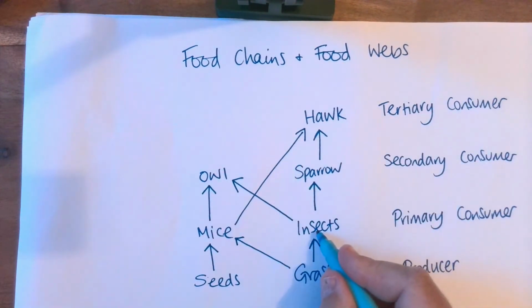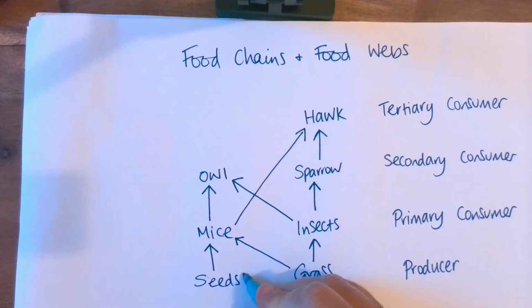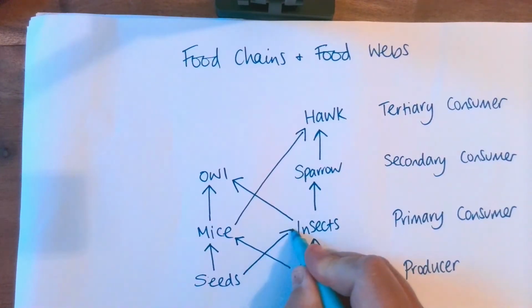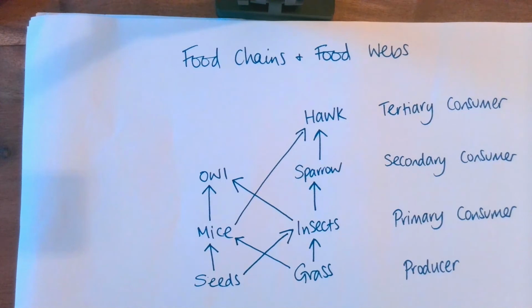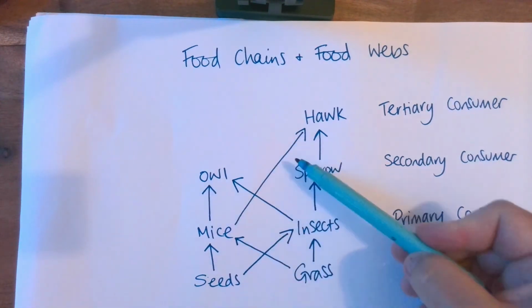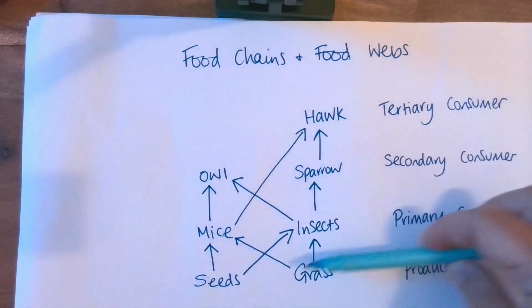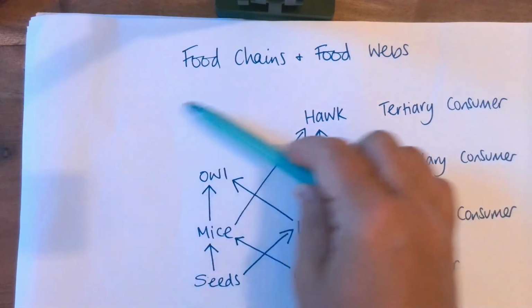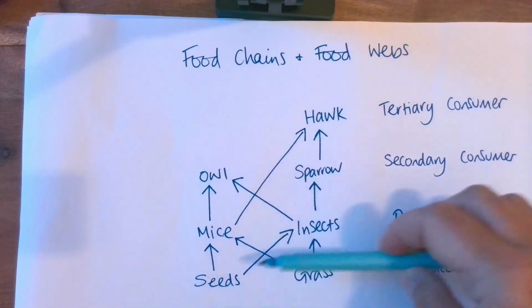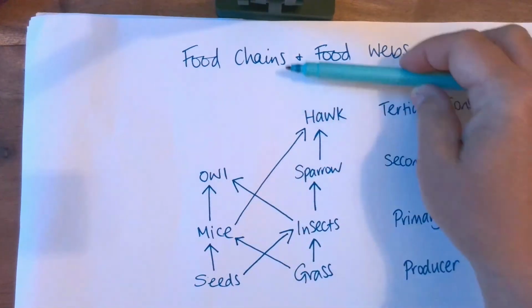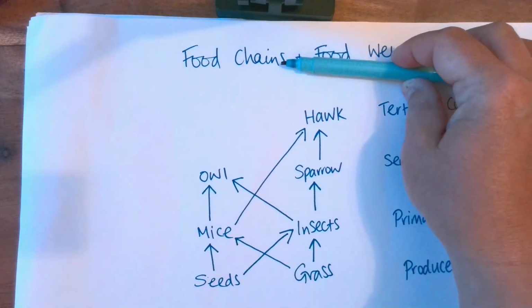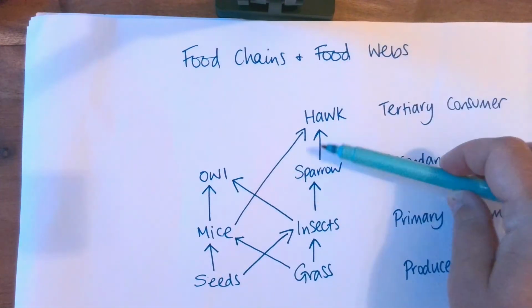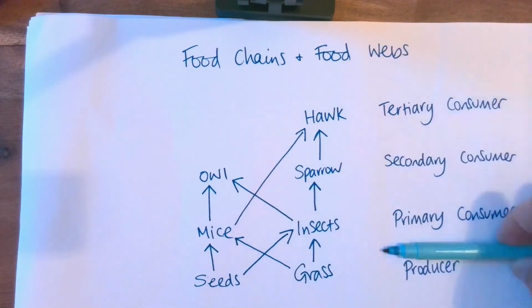And there's some insects that would eat the seeds, so that goes like that. So you can see it gets a little bit more complicated, but it's more of a web. And this would be more what an ecosystem would look like. Of course, there'd be lots and lots more things, and it would get more complicated, and there'd be things up here perhaps too. But for now, let's stick to these four.